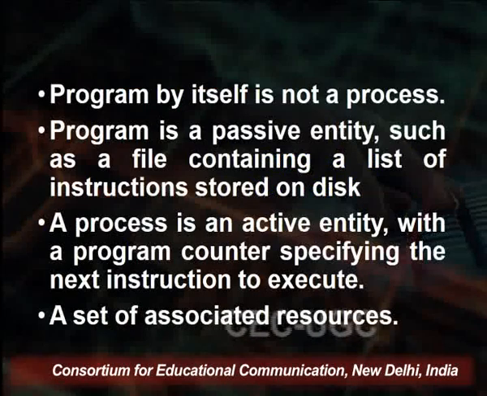Now, as I have told you, a program by itself is not a process. That means a program, if it is not executing or not active, is not a process. Basically, a program itself is a passive entity. It is just like a file containing a list of instructions stored on the disk, while a process is an active entity which is under execution. It also has a program counter specifying the next instruction to execute, and a set of associated resources.